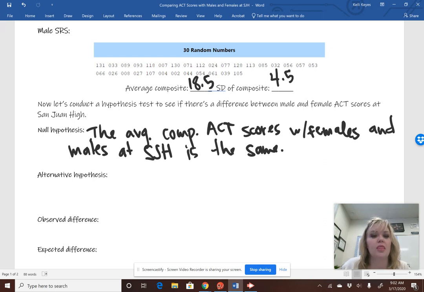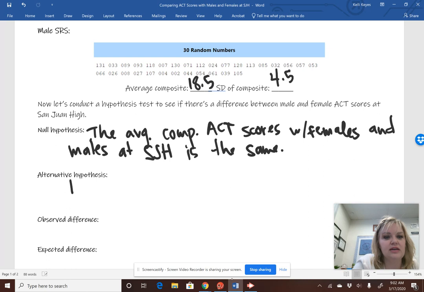And then the alternative, now we don't know if females score higher than males or males score higher than females. We are just testing, is there a difference? So does one score higher than the other?